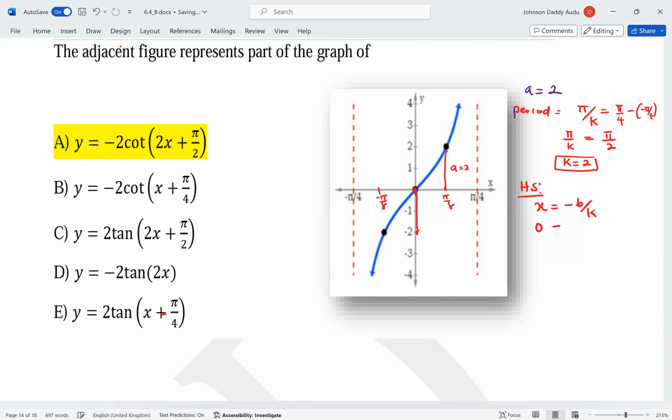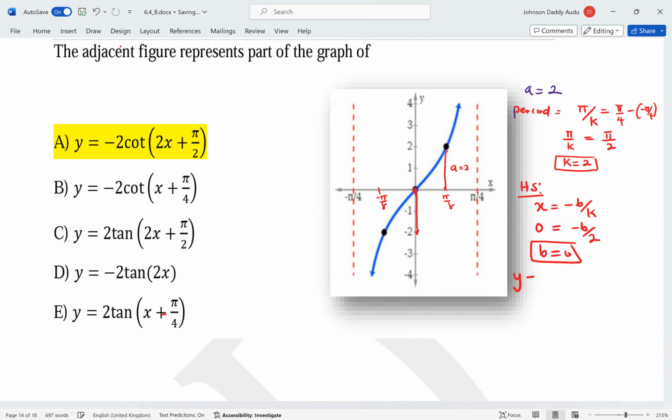So you consider 0 is minus b over k. And what is k? k is 2. So it means that b is equal to 0.